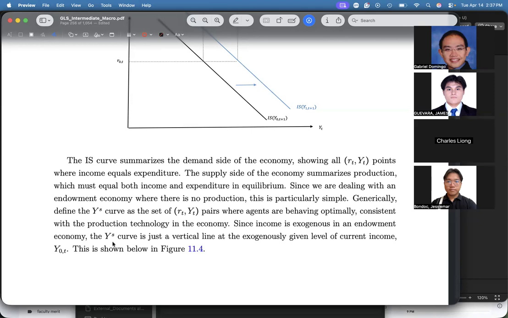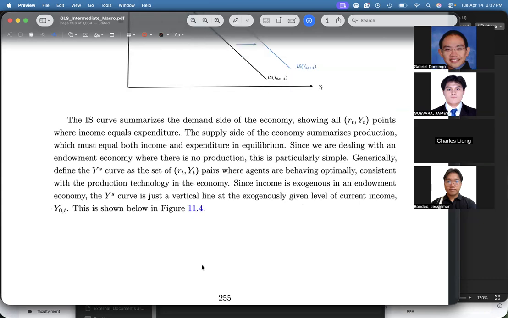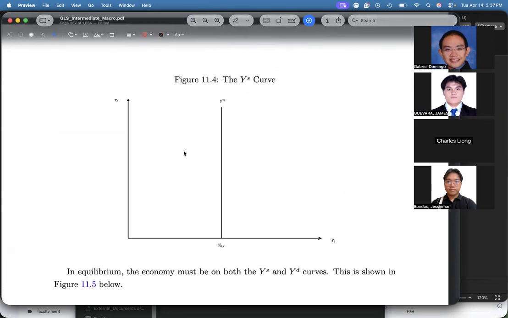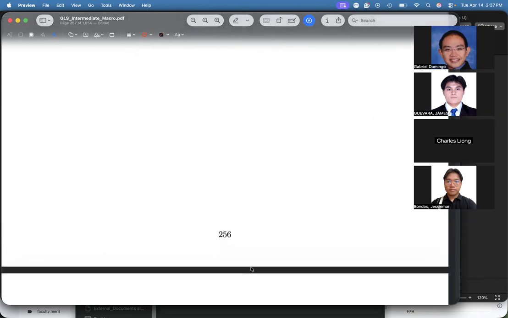Since income is exogenous, YS is just a vertical line at the exogenously given level of income, Y naught. This is shown in figure 11.4, which is this one. Now, in equilibrium, the economy must be on both the YD and YS curves.